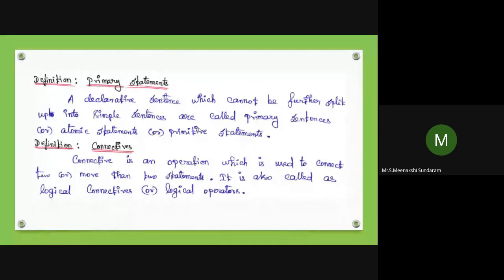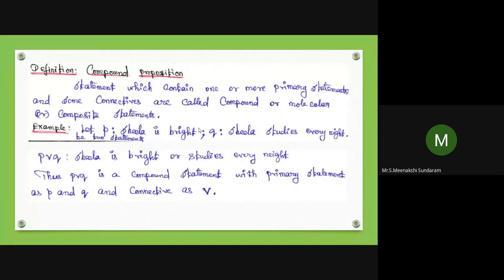A connective is an operation which is used to connect two or more statements. It is also called a logical connective or logical operator. Some more connectives we can use here are and, or, if then, biconditional, exclusive or, NAND, NOR, etc.